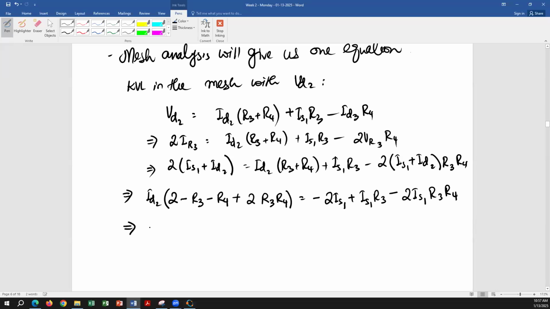So ID2 is going to be, writing IS1 as a common factor, IS1 times R3 minus 2 times R3 R4, divided by 2 minus R3 minus R4 plus 2 times R3 R4.